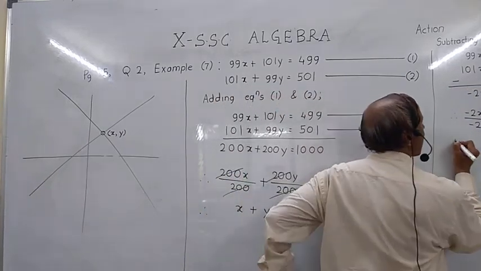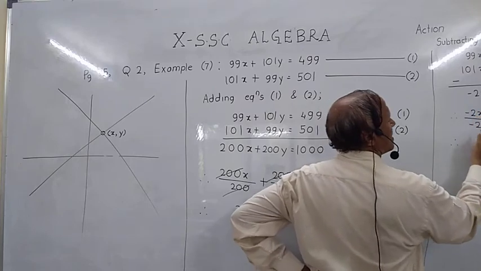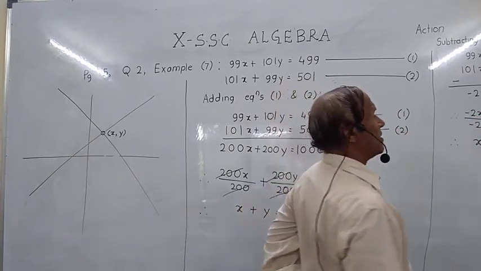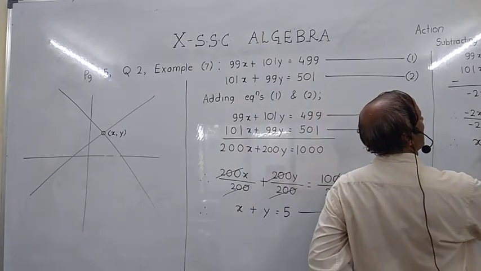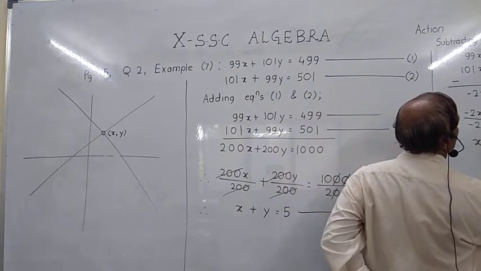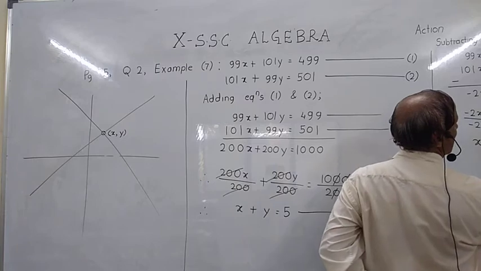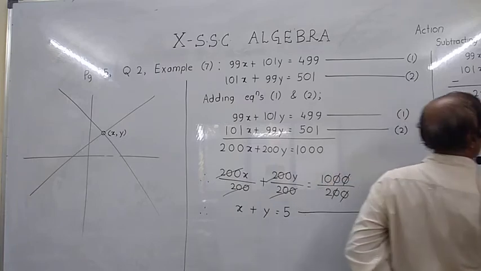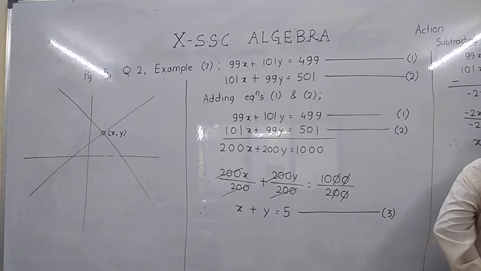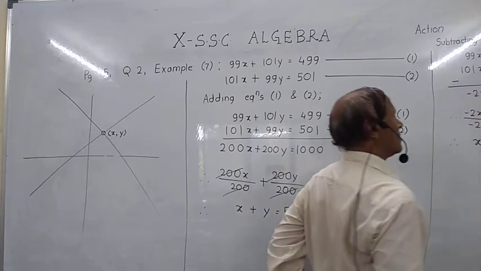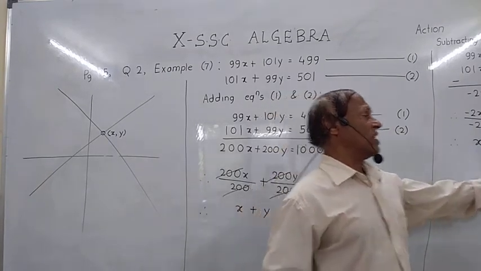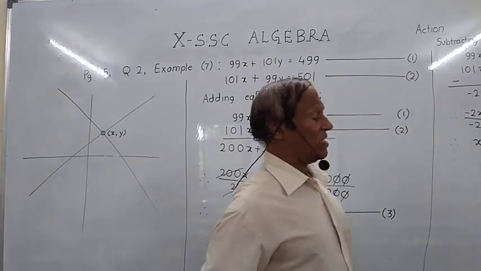Therefore, this divided by this turns out to be x. Then, since the signs are different over here, the sign is minus y is equal to 1. This is your fourth equation after simplification. This is the process of simplification.